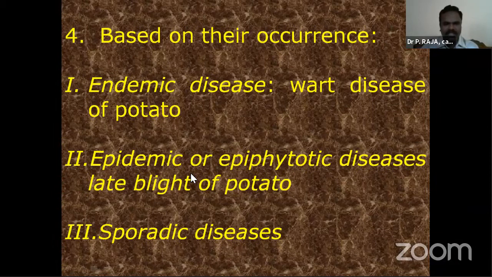An epidemic is an outbreak of the disease throughout the world, and the classical example is late blight of potato. Sporadic diseases occur at irregular intervals, such as some nursery diseases and so on. So this is a sporadic disease.